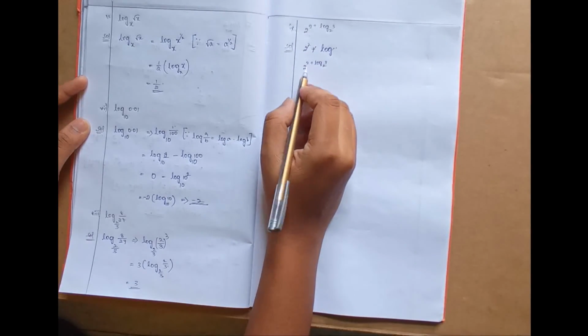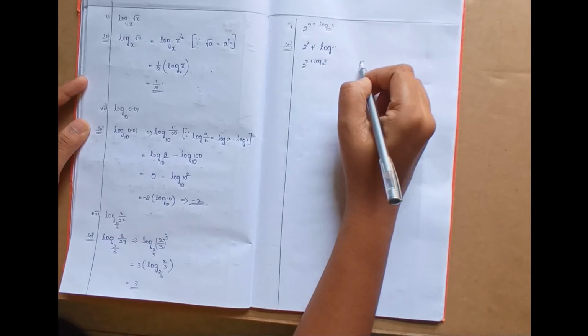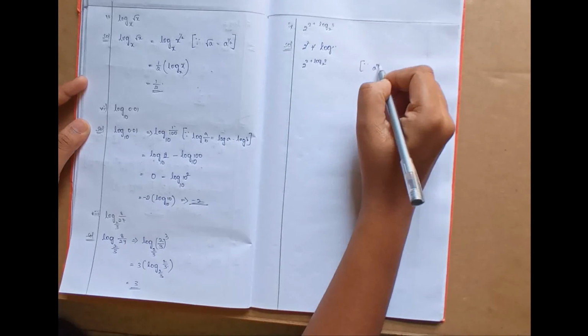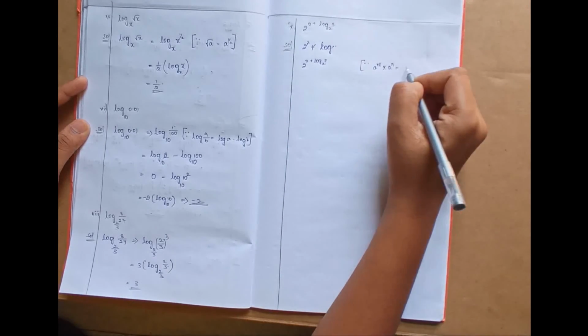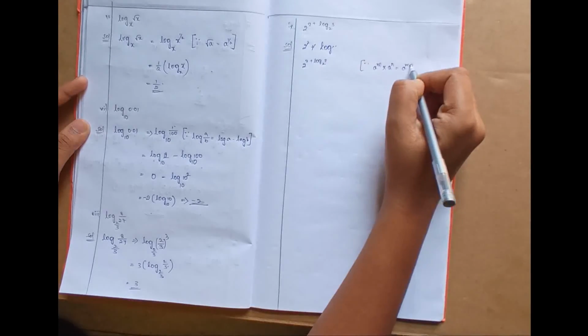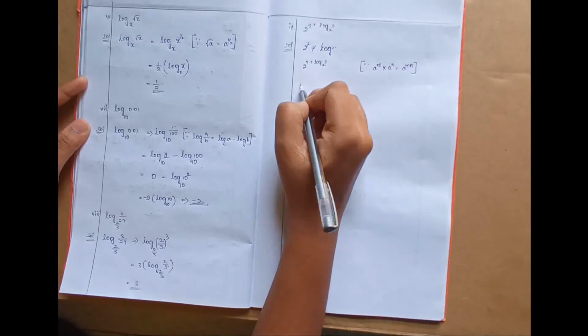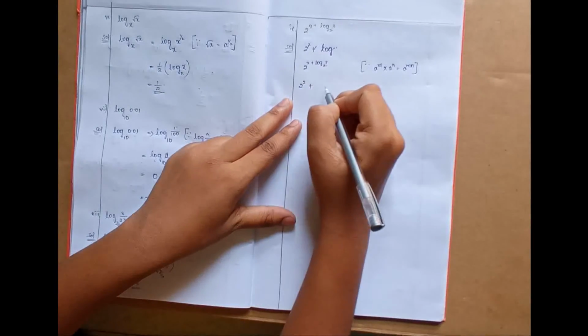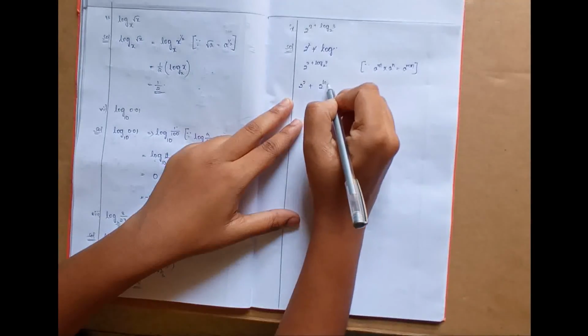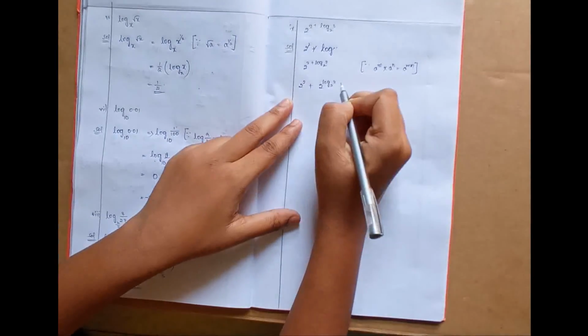As you can see, here they are added. It means we can write them as a power m into a power n equals a power m plus n, right? Okay, let's write 2 square into 2 log 3 to the base 2.